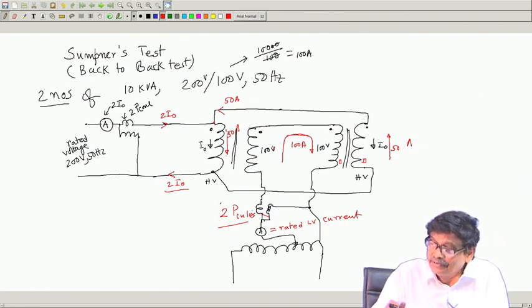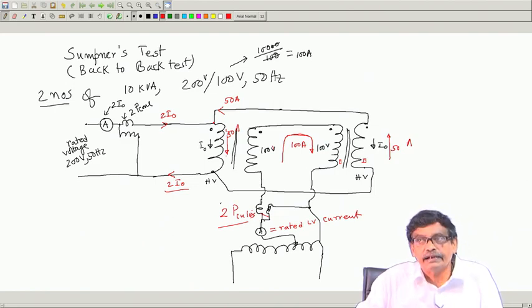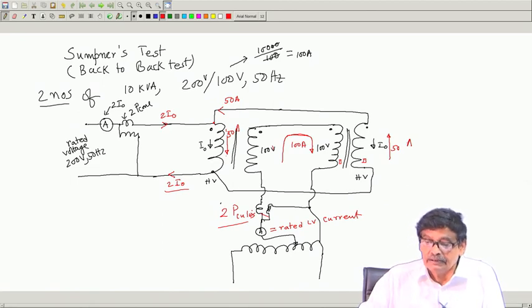Therefore, transformer will feel I am being used under full load condition, is it not, because my windings are carrying rated current and my core is also carrying rated flux. So, both the losses are at their rated values.